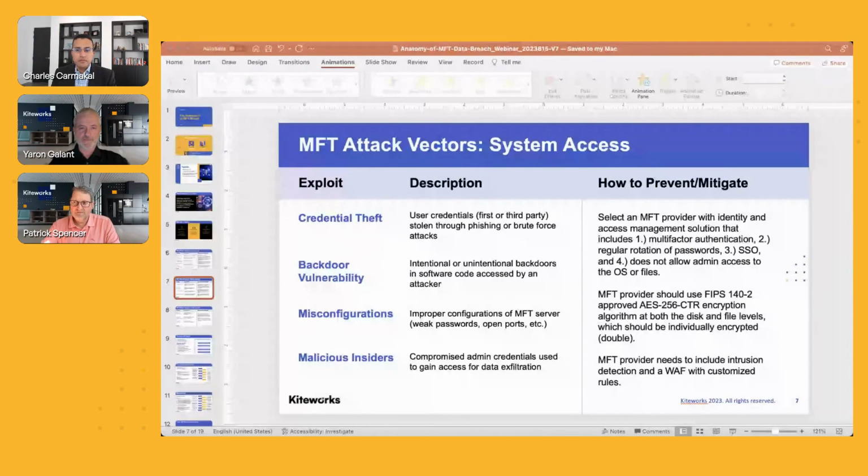So if it's easier to get credentials because I can influence a user or because I can phish a user, let's do this. Let's not try to break into the software facade, if you will.